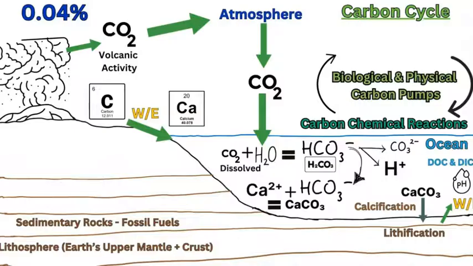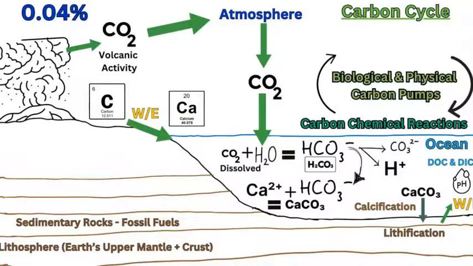And you also release a free carbonate ion, which will react with the incoming calcium, which comes from the weathering and erosion of rocks through water as an erosional agent and transportation, and arrives in the oceans from that source. The calcium would react with the CO3 negative and form CaCO3, which is calcium carbonate.